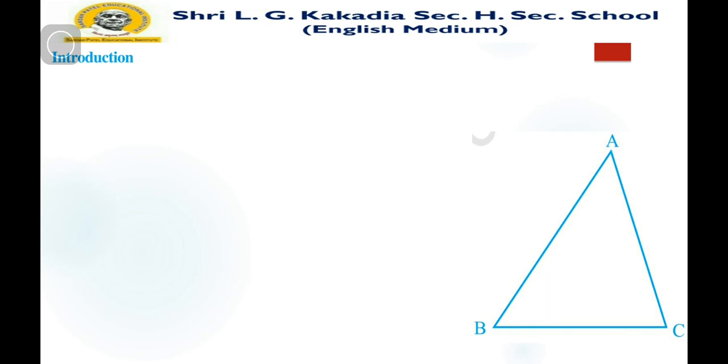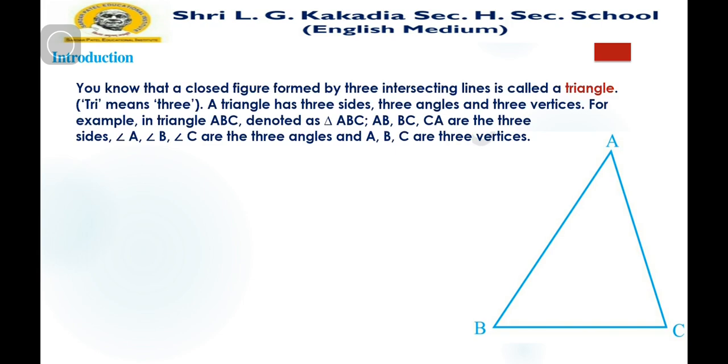So how can we say that the given figure is a triangle? You already know that a closed figure formed by three intersecting lines is called a triangle. Here you can see that three lines AB, BC and AC intersect each other, and this closed figure forms a triangle.